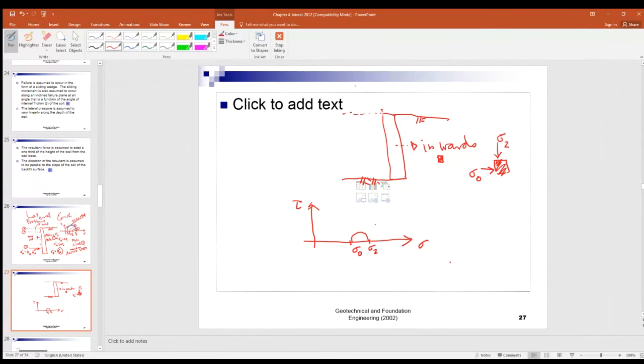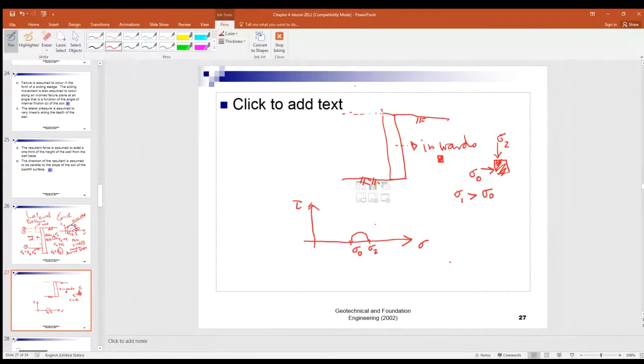Now, by the time the wall moves in, what will happen? This sigma 0 will become larger and larger, greater than sigma 0.